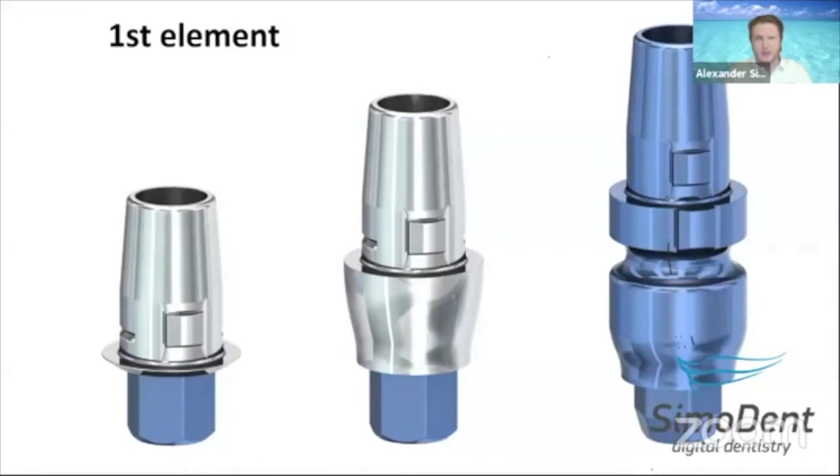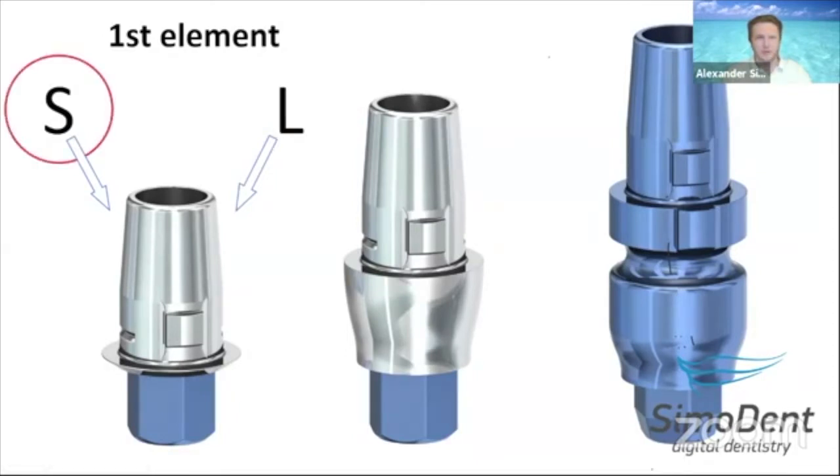And we can use 3 elements of this system for getting a crown. The first element is the titanium base. It's available in 2 sizes, size S and size L. And SIC users must use type S. It's very important. In the middle of the screen, we can see the titanium base with a higher neck.